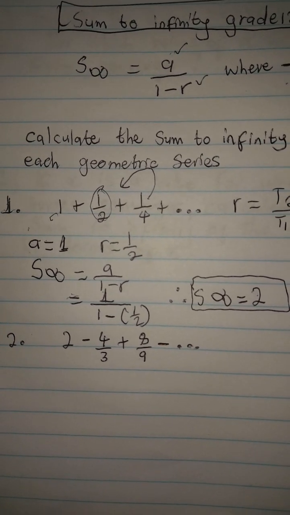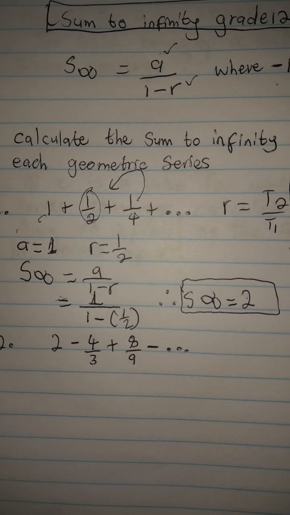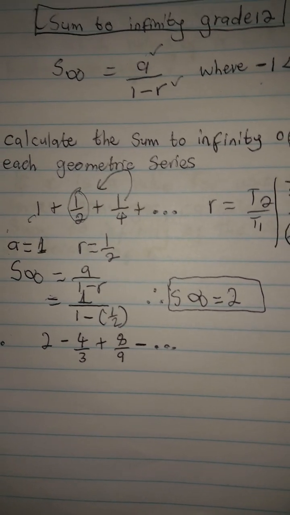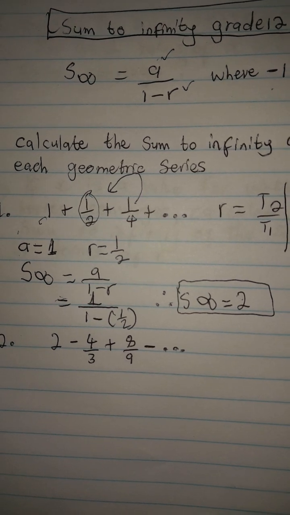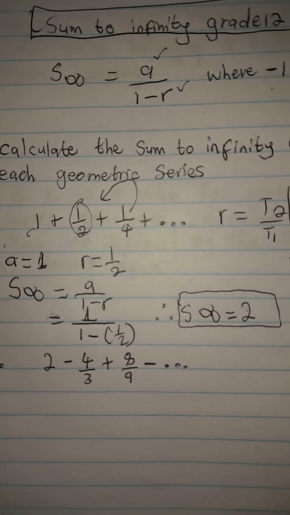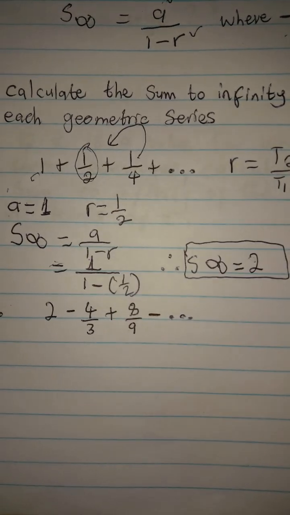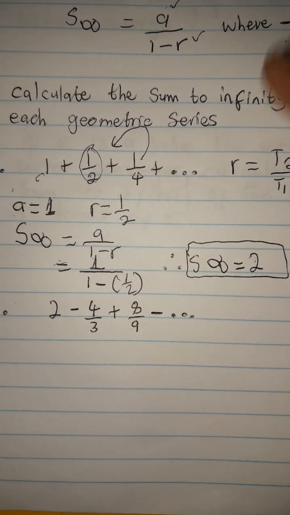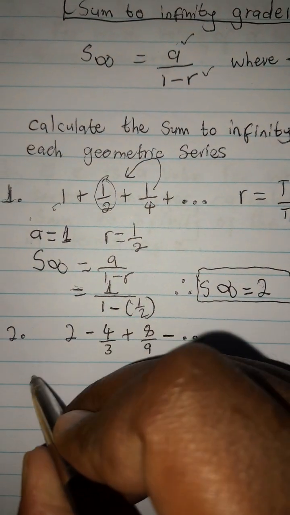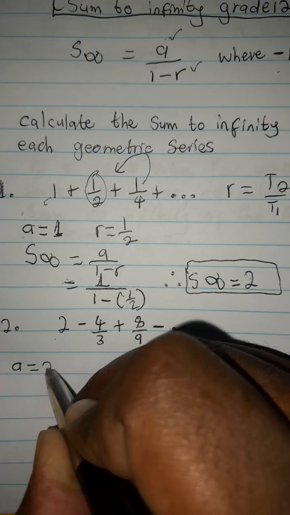Let's look at number 2. At number 2, we're given 2 minus 4 all over 3 plus 8 all over 9. When it comes to such, my advice is you apply the same procedure. You apply the same technique. Nothing is new, guys. So our first term is 2.